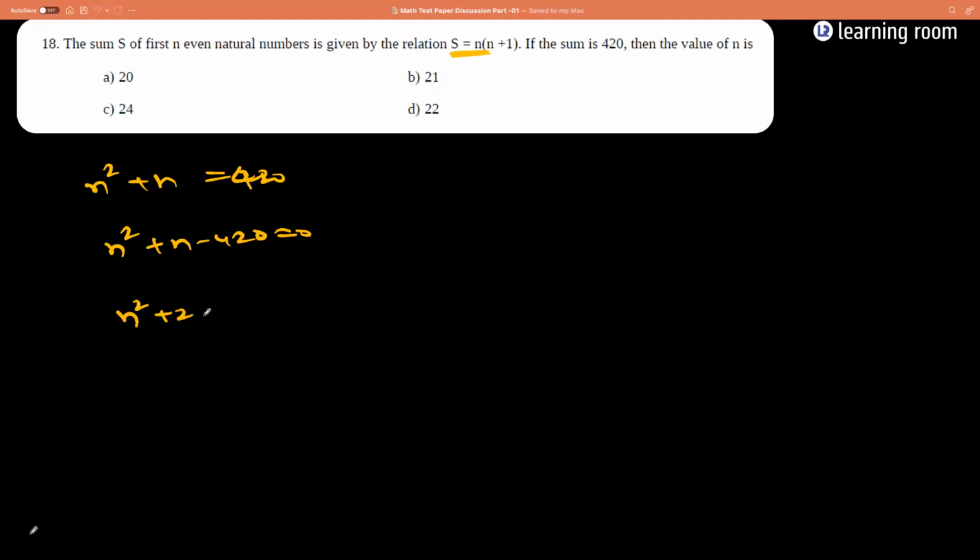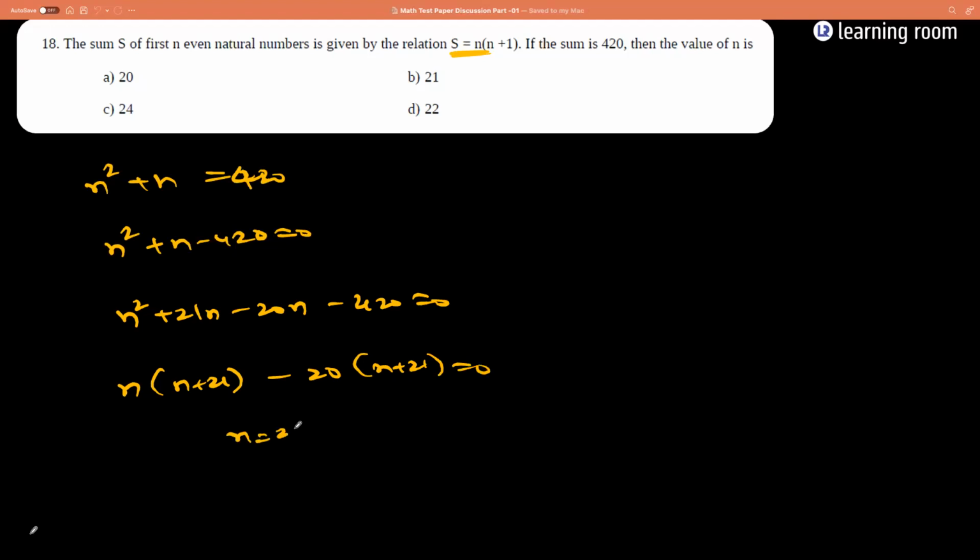So n square plus 21n minus 20n minus 420 is equal to 0. So n into n plus 21 minus 20 into n plus 21 is equal to 0. So n will be 20 or minus 21. They told natural numbers, so n has to be 20, minus 21 is not possible. This is the answer. I hope it is clear.